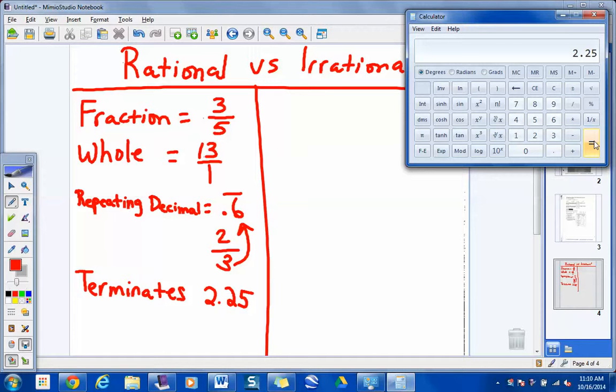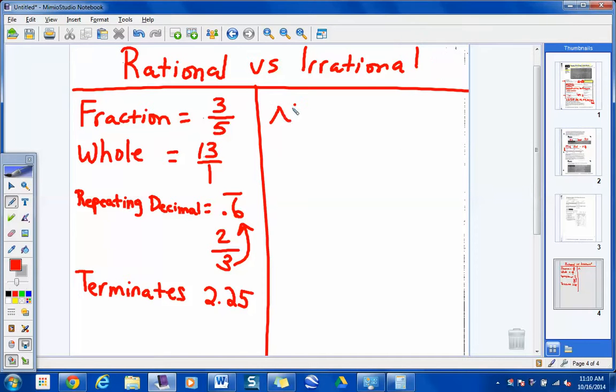Does the 2.25 repeat? No. But does it fill up the whole window? No. It actually stops right after the what? That's what it means to terminate. So I got this decimal from 9 divided by 4. So anything that terminates will also be what? Rational.